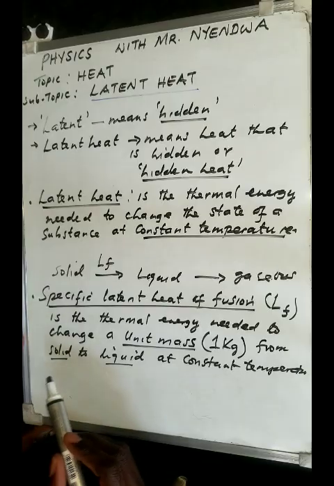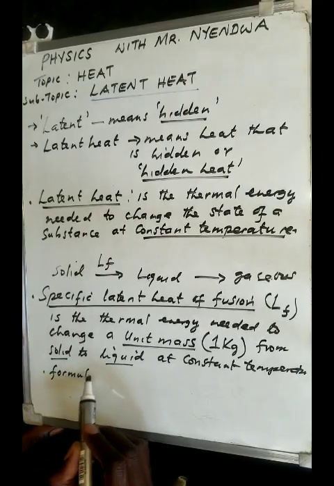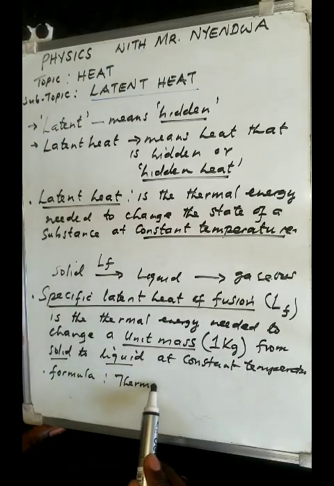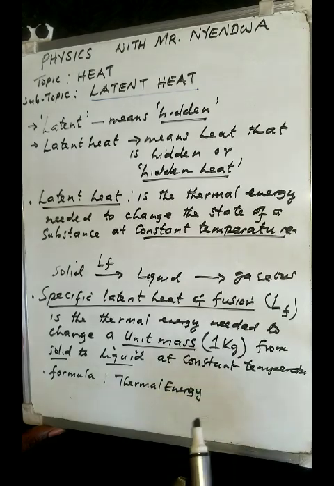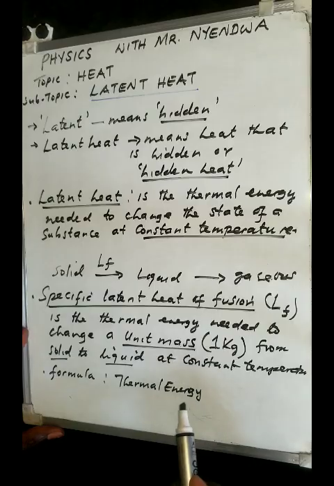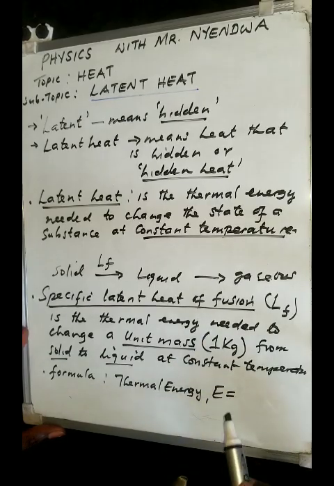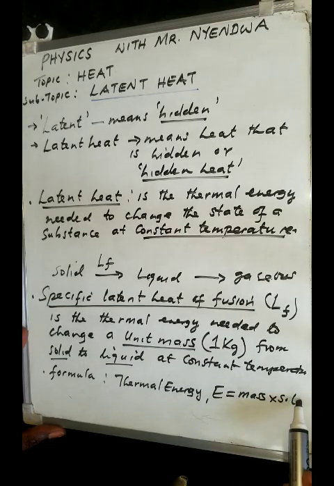Now the formula that we are going to apply in this case: when we talk about thermal energy, some books are going to be using the symbol Q, or I'll be using sometimes E. So thermal energy, represented as E, will be given by the mass multiplied by the specific latent heat of fusion.